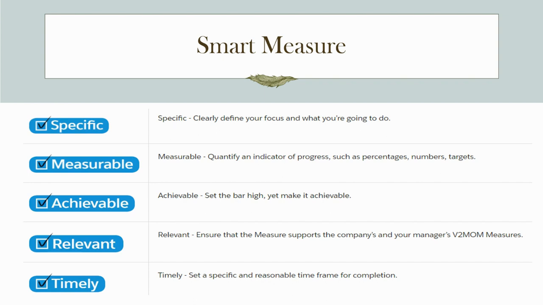Now timely. Timely gives you the timeline. In the beginning itself we have built the timeline to achieve this particular outcome, so it gives you the complete idea that this process has to be completed by this deadline. You hear it on a day-to-day basis that people say we need this by EOD, end of the day.